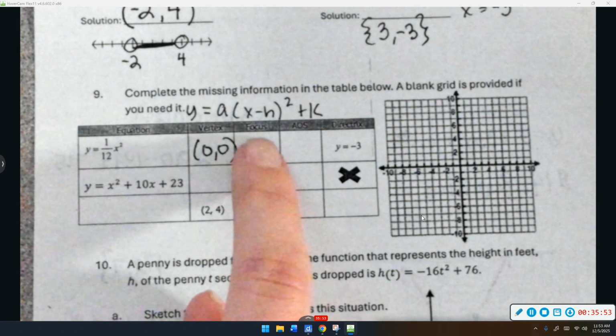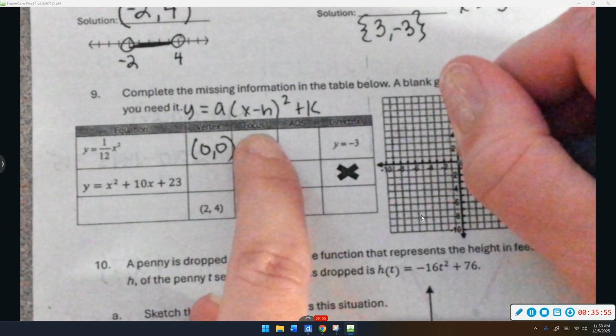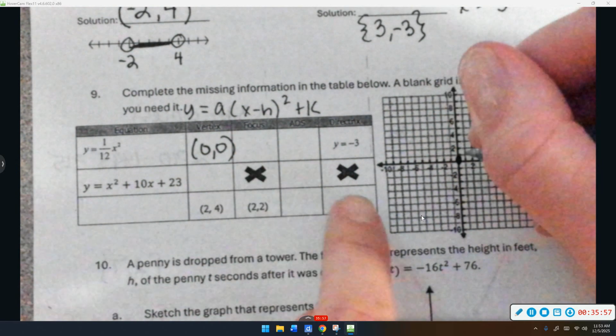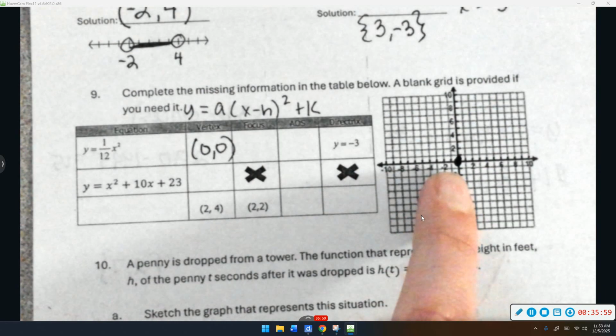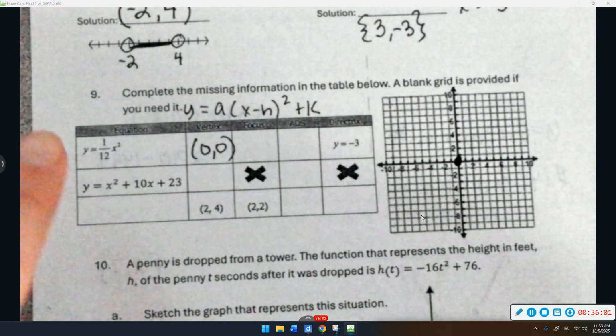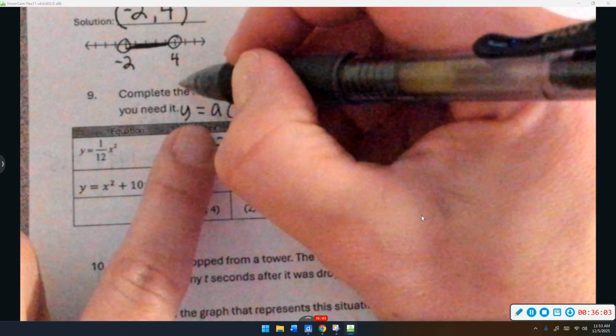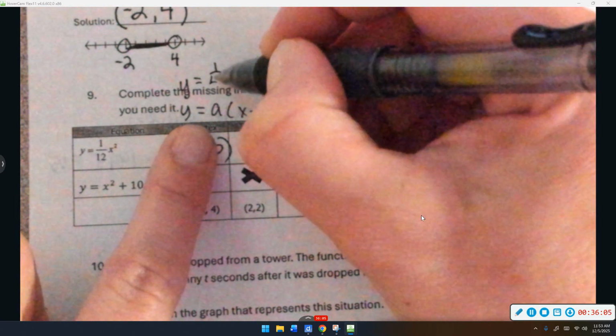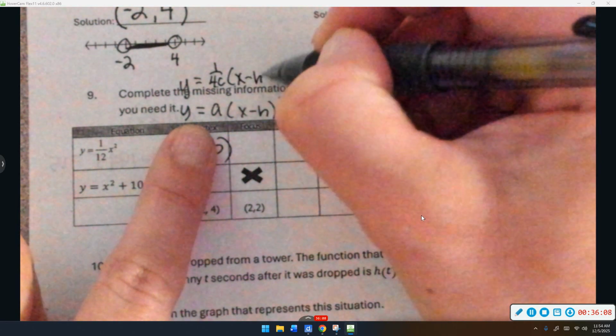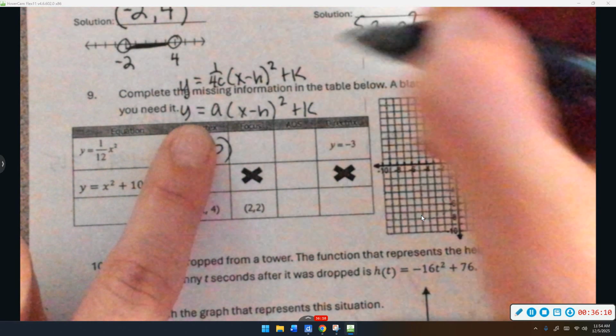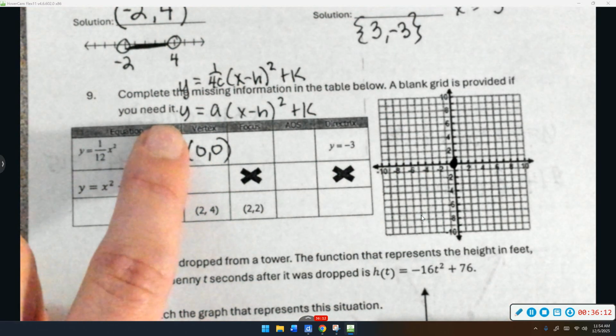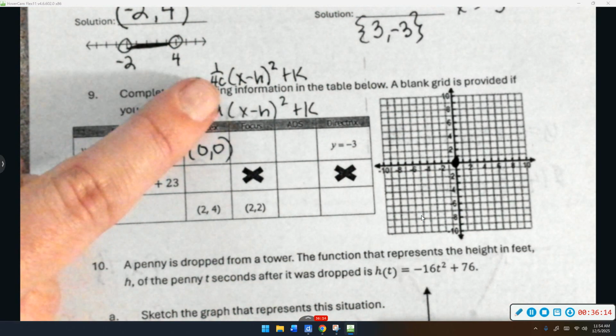Then it says focus. Okay. So if this is our vertex, remember the focus. We can also look at this as y equals 1/(4c) times (x minus h) squared plus k. So we got to know c.